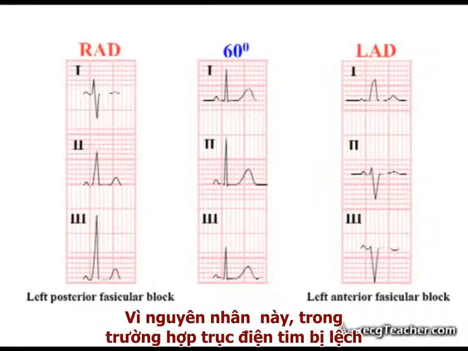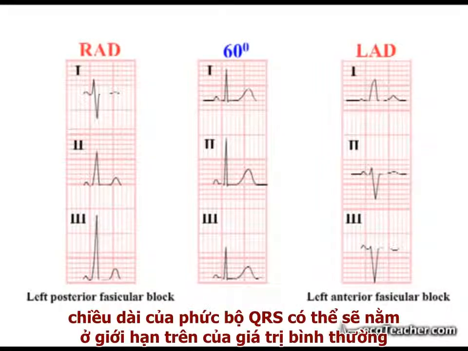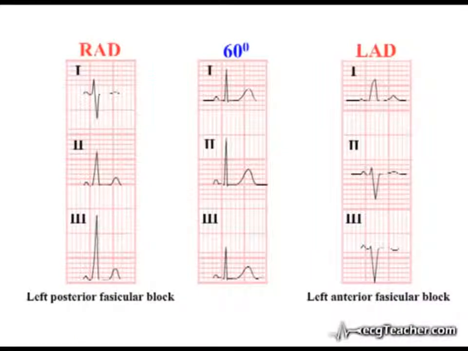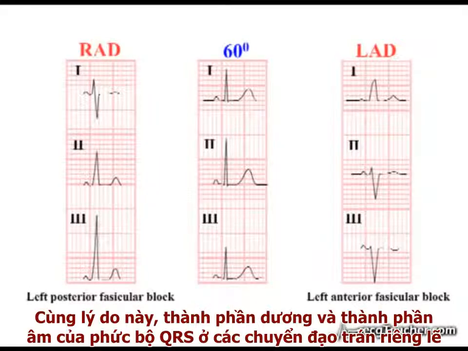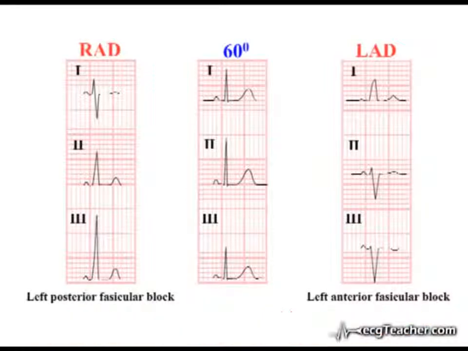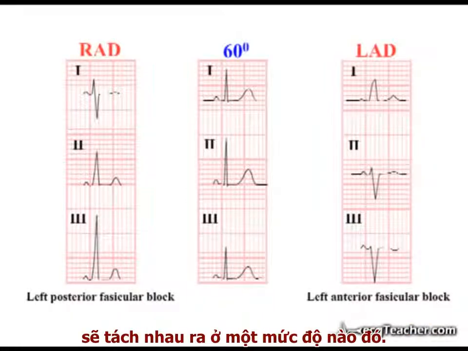For this reason, in axis deviation, the QRS duration tends to be in the upper limit of the normal range, between 0.1 and 0.12 seconds.